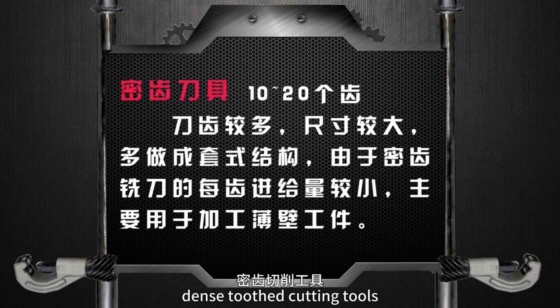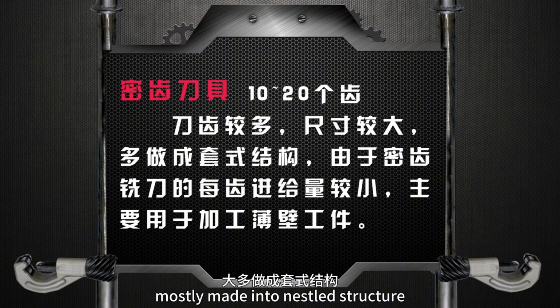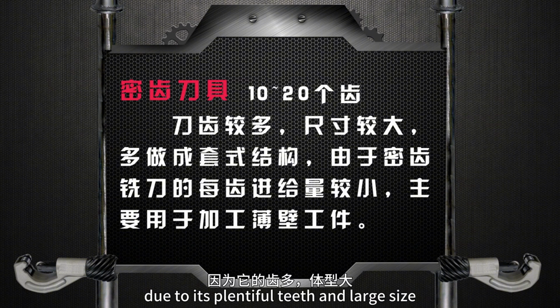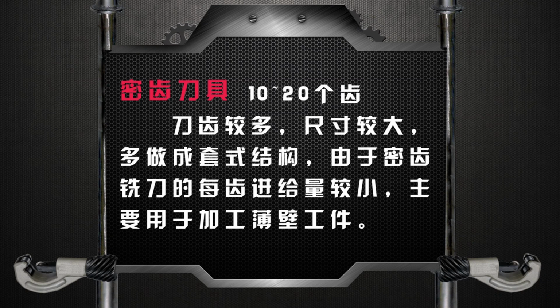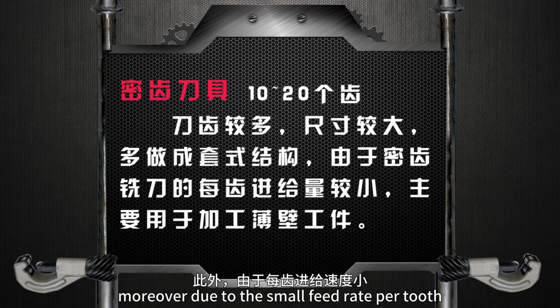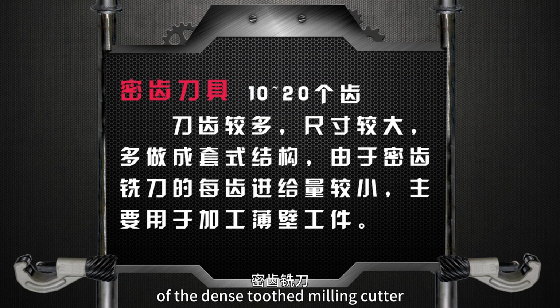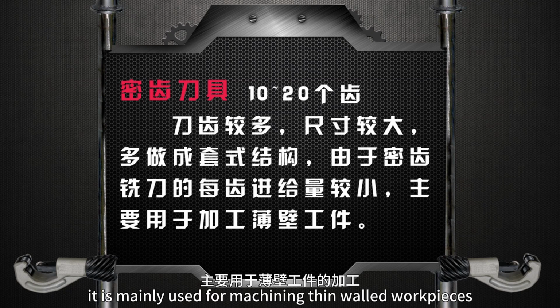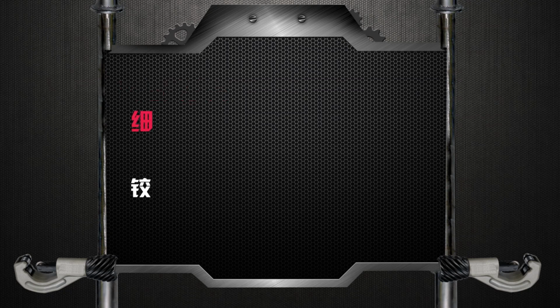Among them, dense-toothed cutting tools typically have 10 to 20 teeth, mostly made into nestled structure due to its plentiful teeth and large size. Moreover, due to the small feed rate per tooth of the dense-toothed milling cutter, it is mainly used for machining thin-walled workpieces.